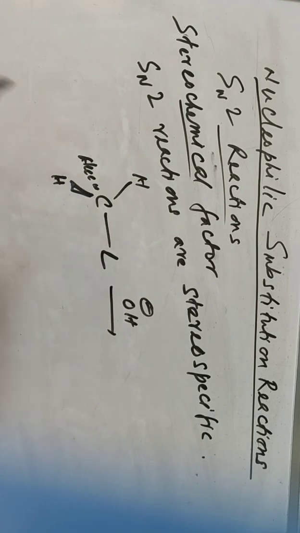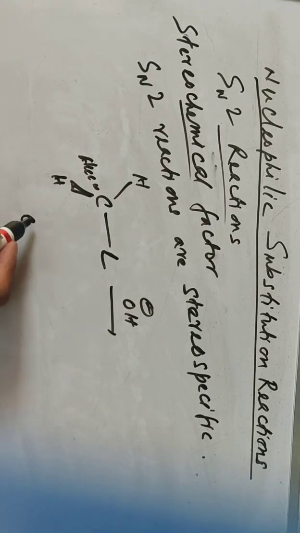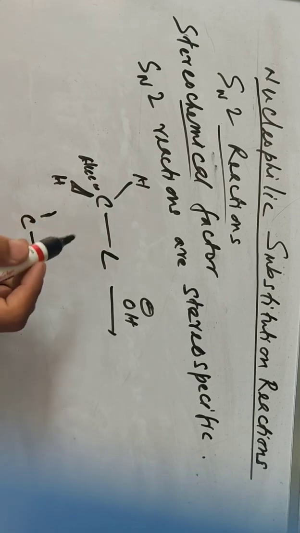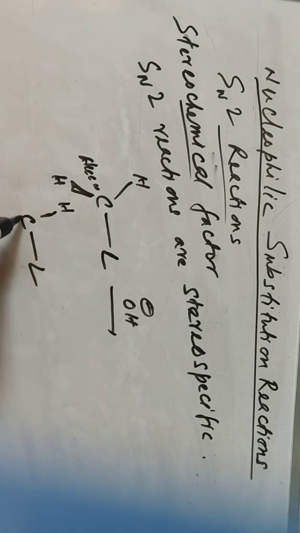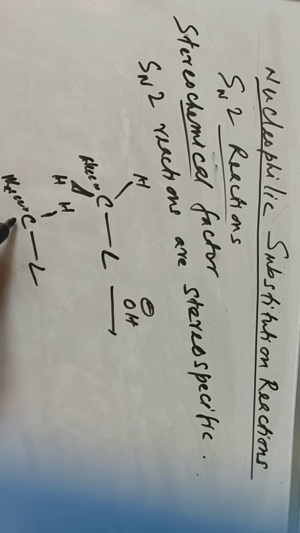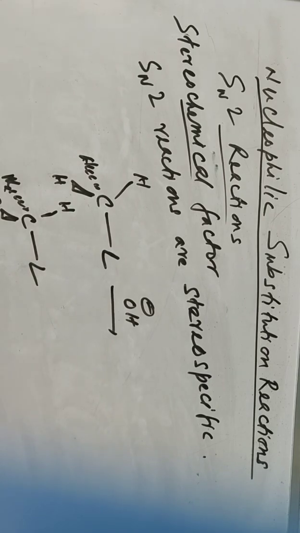This is a chiral product. We can discuss similarly. We can have a chiral alkyl halide also. Let's say one group is methyl, another group is ethyl. I'll write it down.